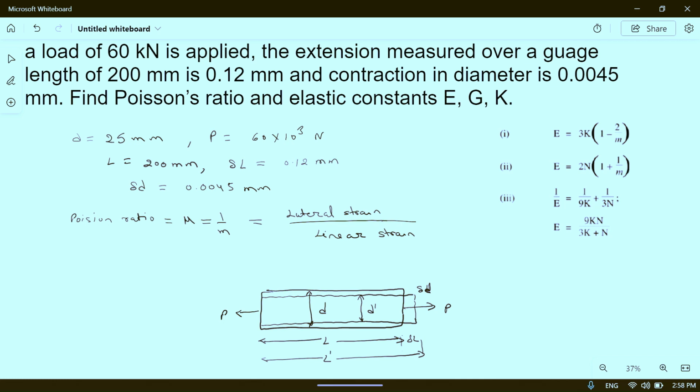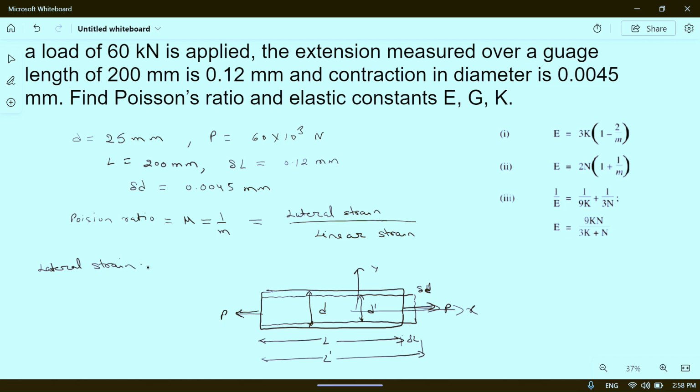So what is lateral strain? Suppose this is the x-axis and this is the y-axis. Load is applied in the x direction. Due to that load, the deformation in the perpendicular direction, or y direction, is called lateral strain.